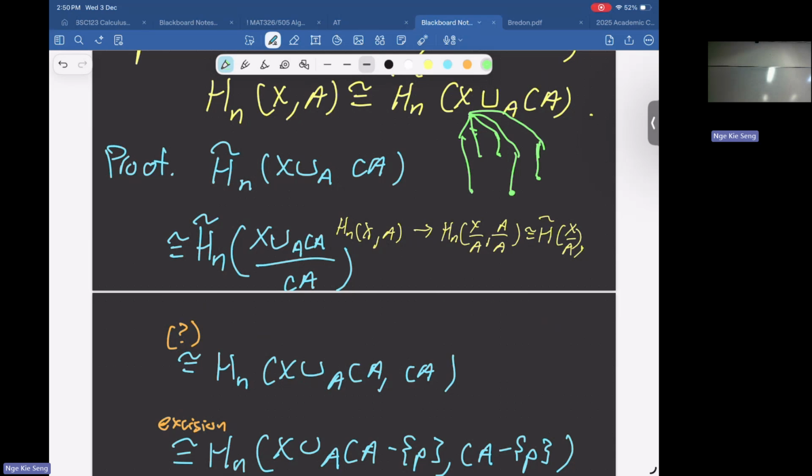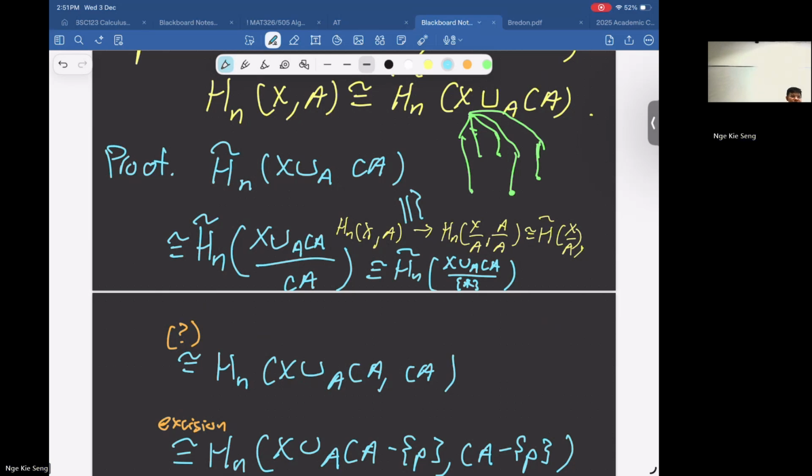My point is, I guess this thing is isomorphic in H_n to X union CA modulo a point like that. Then this thing is the same as what we started with. So basically, you quotient out the tip.